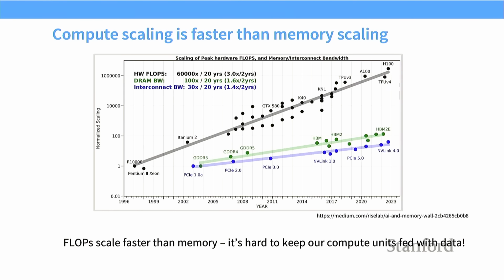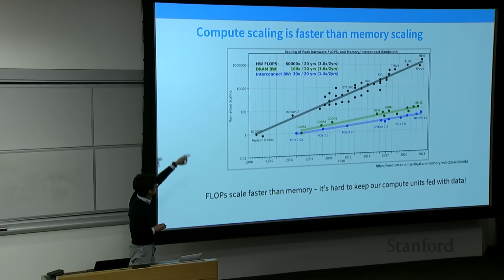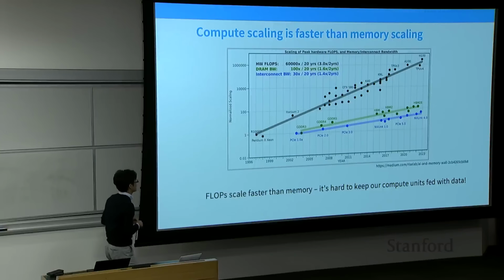The blue line is the connectivity from the GPU to the host, the server that it's attached to. You can use PCIe, you can use NVLink, you can use all these fancy interconnects. They are growing, but somewhat slowly. This chart is normalized scaling, bandwidth relative to the first generation of interconnects.